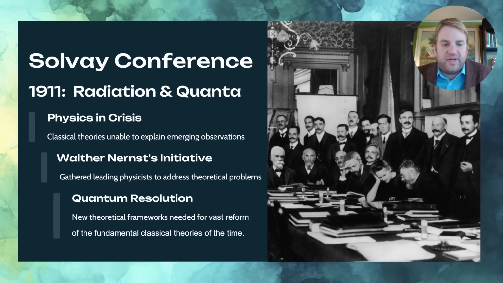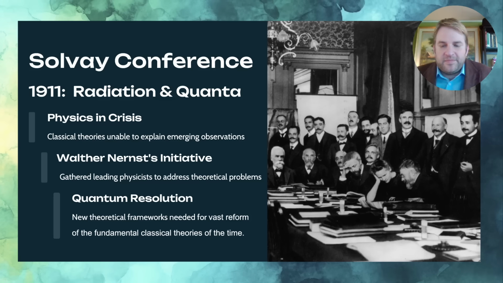So the prominent chemist Nernst proposed that the leading physicists and some chemists should address this theoretical problem, a growing crisis as he called it, and the industrialist Ernst Solvay held a conference in 1911 on radiation and the quanta.